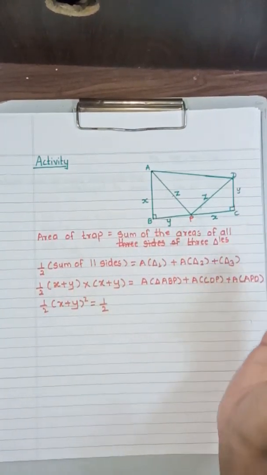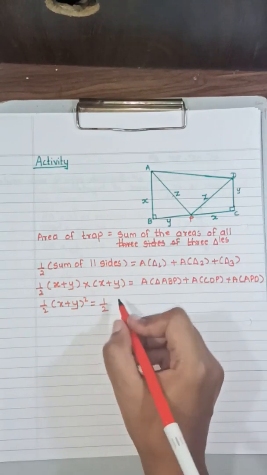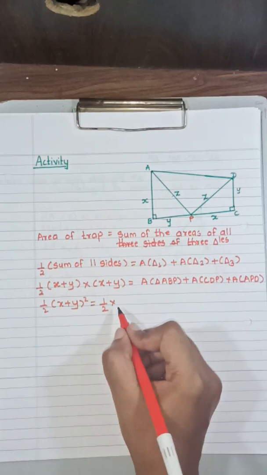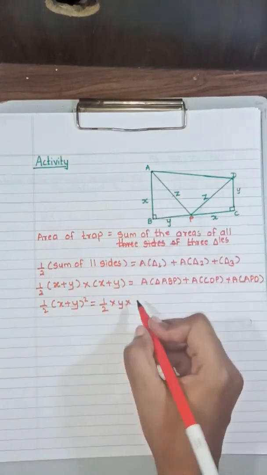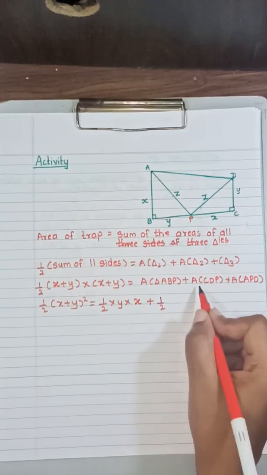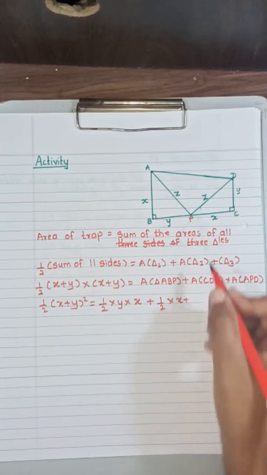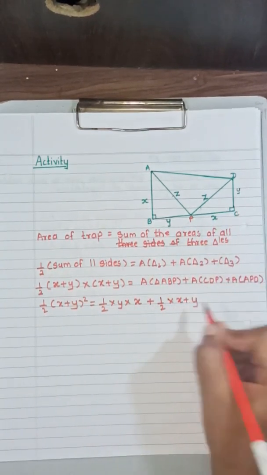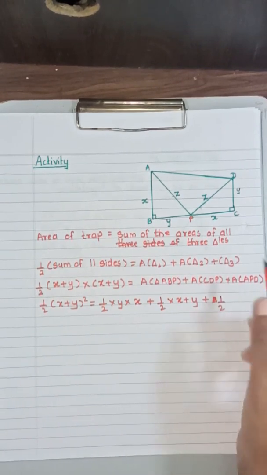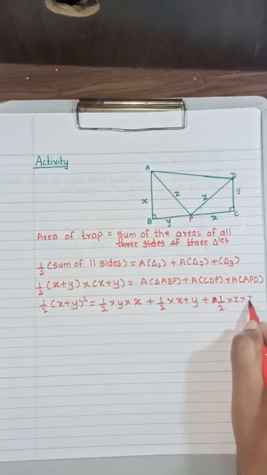Now the area of a triangle is half into base into height, but instead of writing the formula, I am directly putting the values. Half into base, that is y, and height is x. For the area of triangle CDP, half into x is the base and y is the height, plus the area of triangle APD, which is z into z.